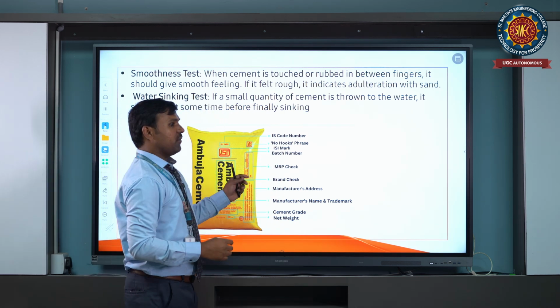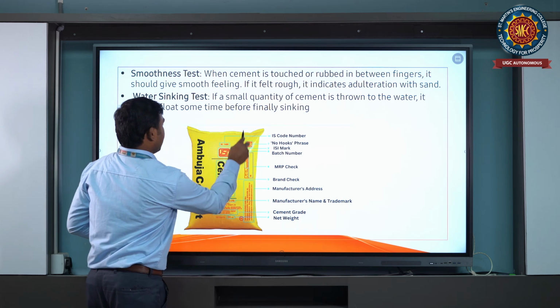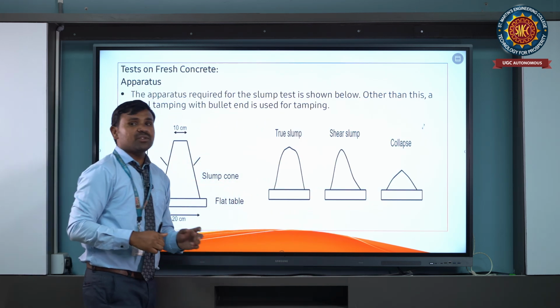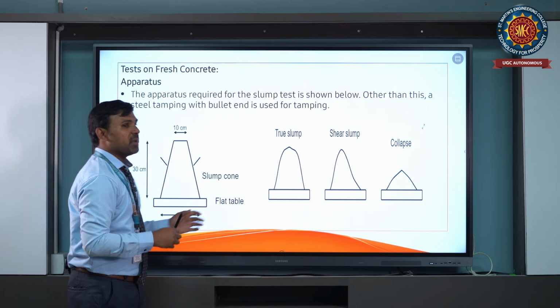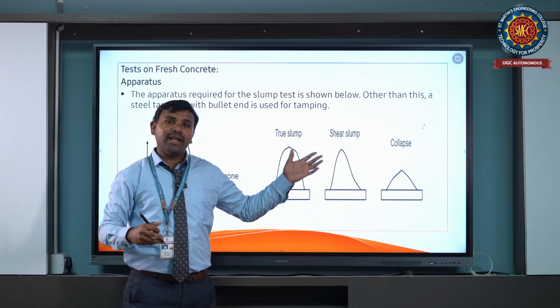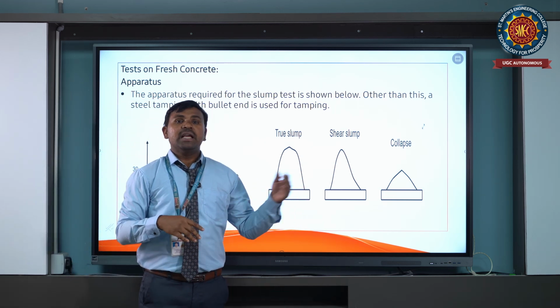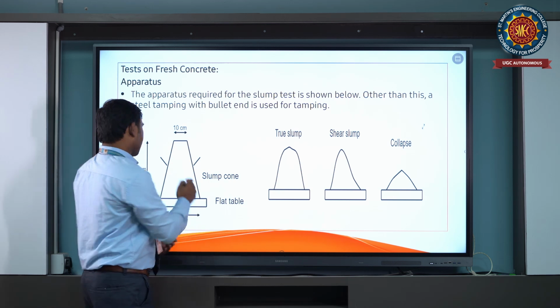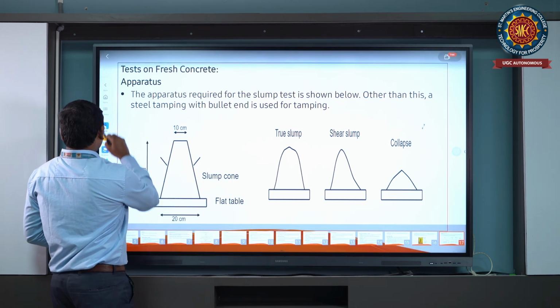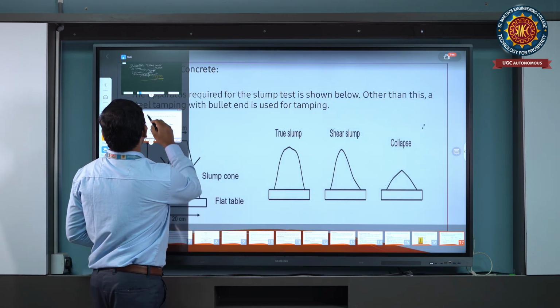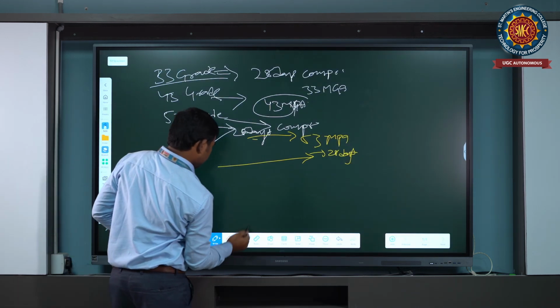And next we'll study about this picture of cement, aggregates, and tests on fresh concrete, which is nothing but the slump cone test. This is the main test which can be performed in the site or in the laboratory. The slump cone test is to check the workability of the concrete.